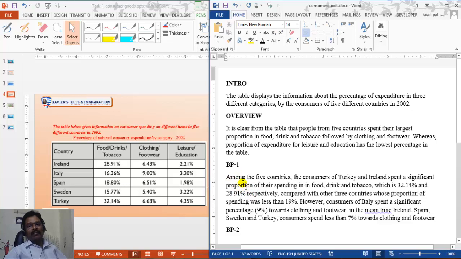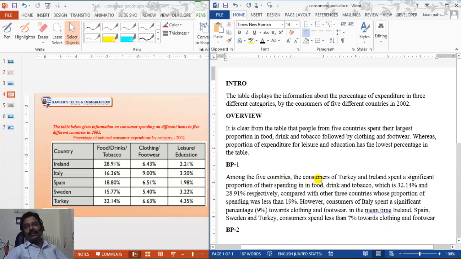Now in BP1, as I told you earlier, we have to establish the link and maintain cohesion throughout the write-up. So my first sentence is talking about these 2 categories, so in BP1 I will plan to write about those 2 categories only, right?